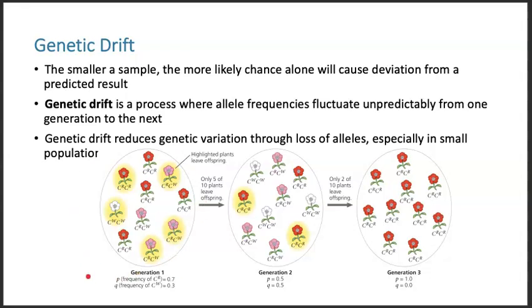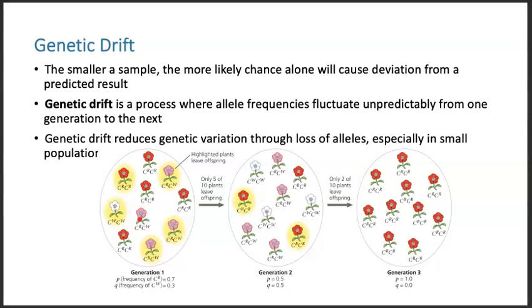So in this population right here, we've got a distribution of red, pink, and white flowers. And by chance and chance alone, only a few of those reproduce. And it turned out that the red ones didn't happen to reproduce for whatever reason. Maybe somebody picked more red flowers. So flowers are the reproductive organs.